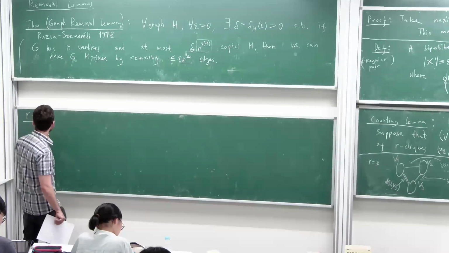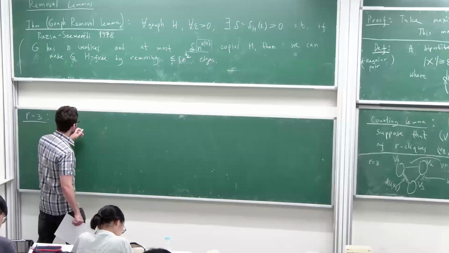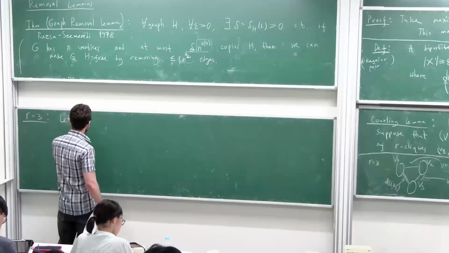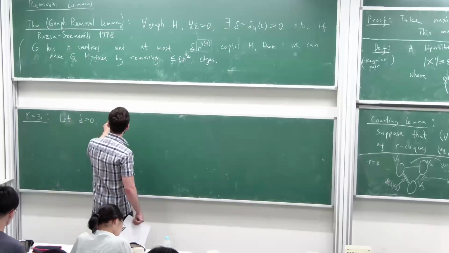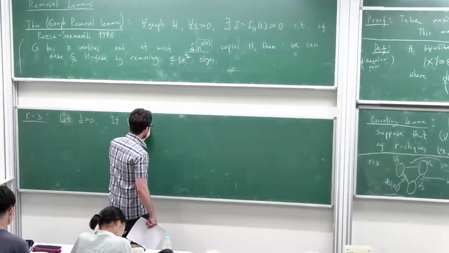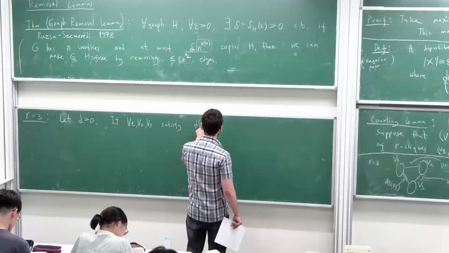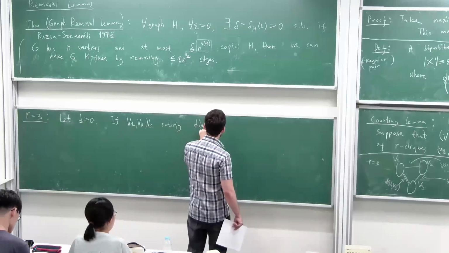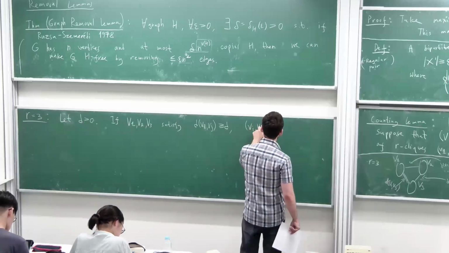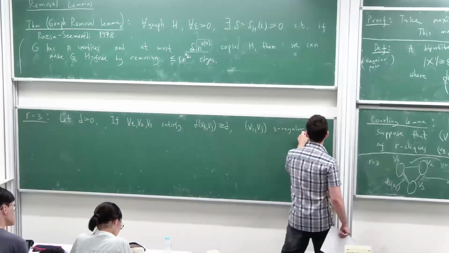So the statement that I want to prove is that if V1, V2, V3 satisfy that they all have density d, and they're all epsilon regular, where what is epsilon?